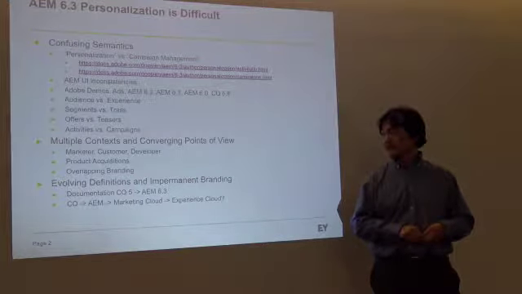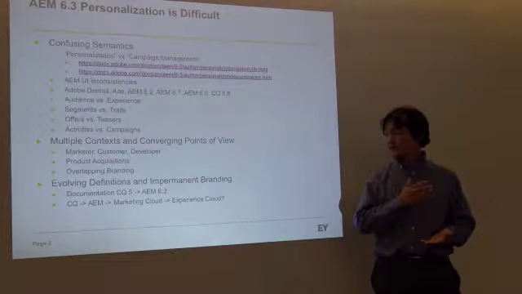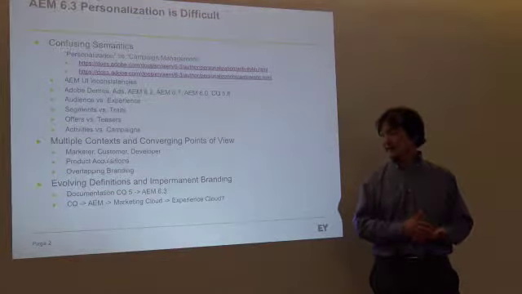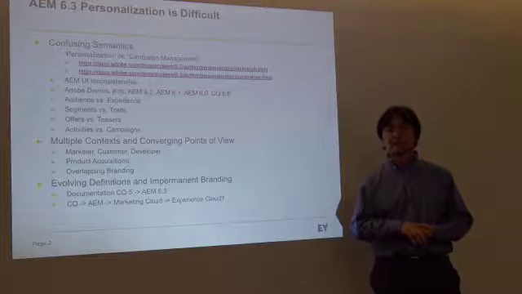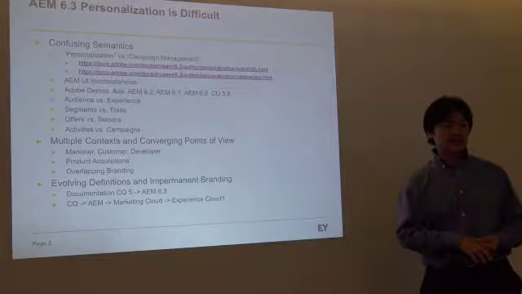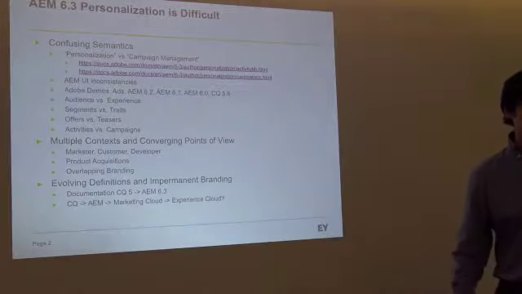And finally, the brand itself has been evolving, going from CQ to AEM, also going to Marketing Cloud and Experience Cloud, and the documentation itself hasn't been all too consistent either. So there are a number of reasons why people have been confused about the semantics.